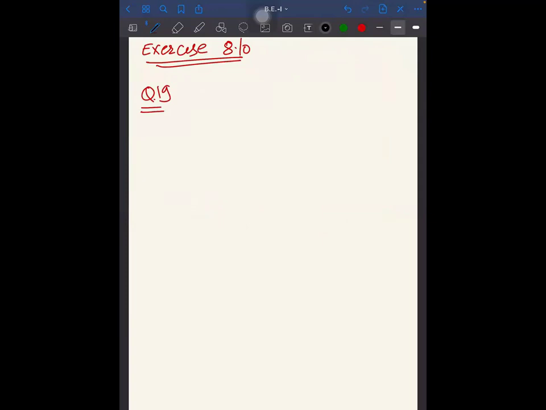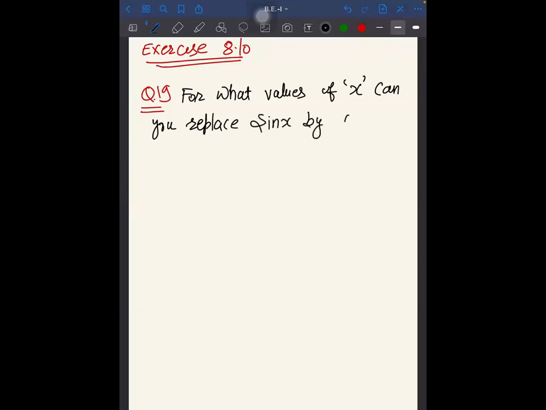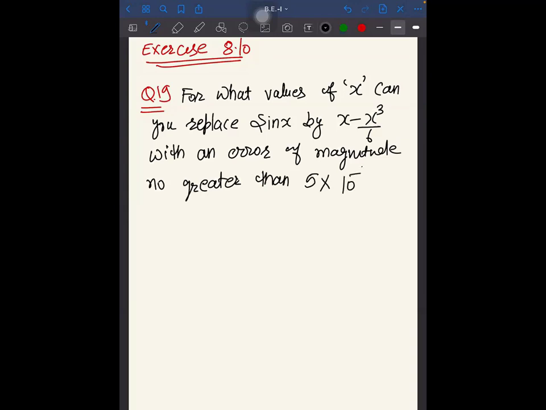For what values of x can you replace sin x by x minus x cubed by 6 with an error of magnitude no greater than 5 into 10 raised to power minus 4.